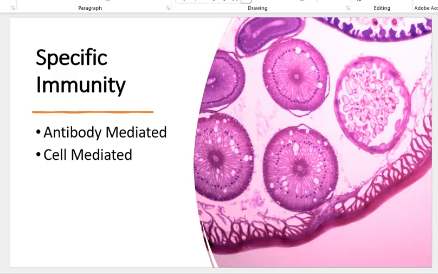Your antibody-mediated or humoral immunity, the definition for that is a branch of the adaptive immune system where B lymphocytes produce antibodies that circulate in body fluids to neutralize pathogens and toxins. It works best against extracellular pathogens such as bacteria, parasites, viruses, and toxins.